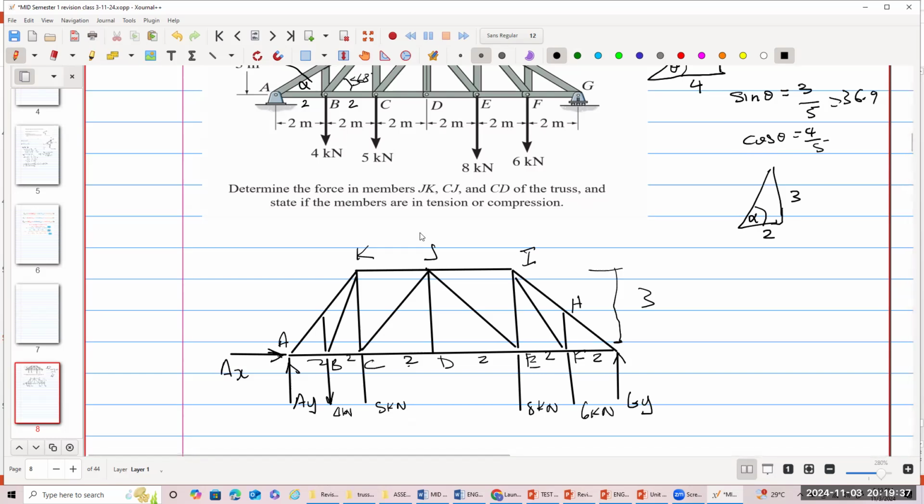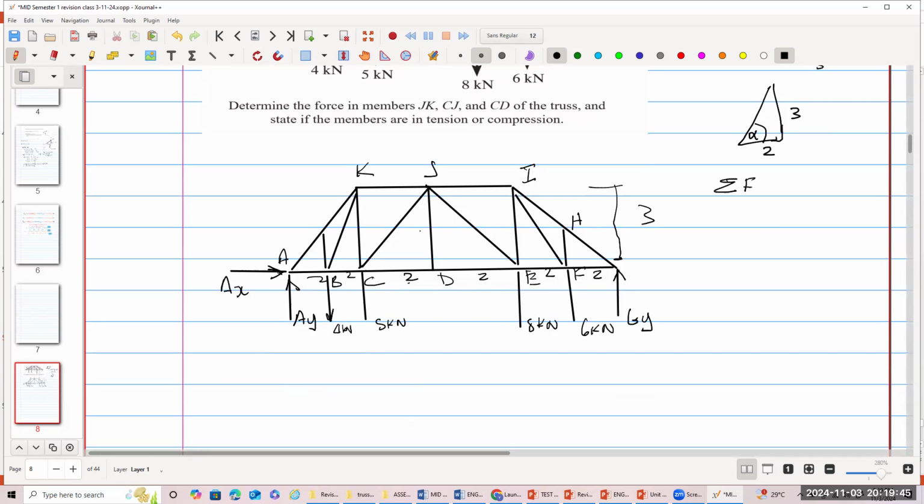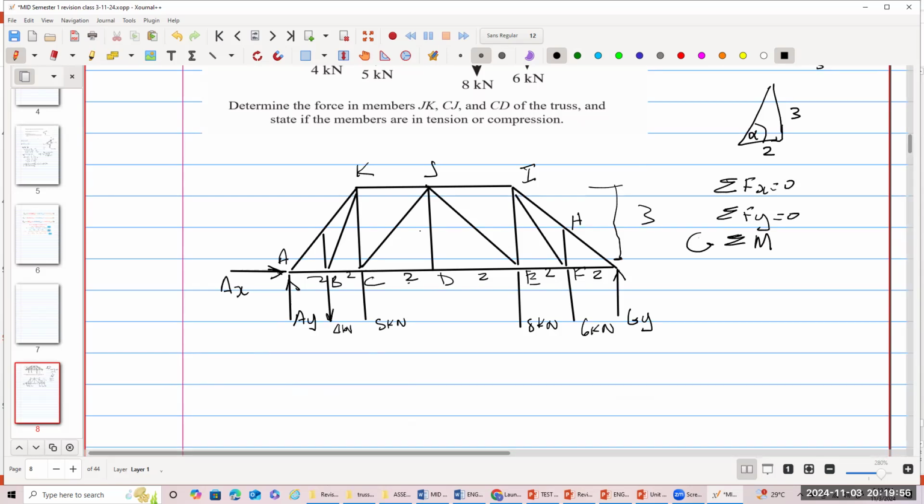What you do right here now is use your equilibrium equations: sum of the forces in the x equal to 0, sum of the forces in the y equal to 0, and sum of the moments, taking anticlockwise as positive about some point.